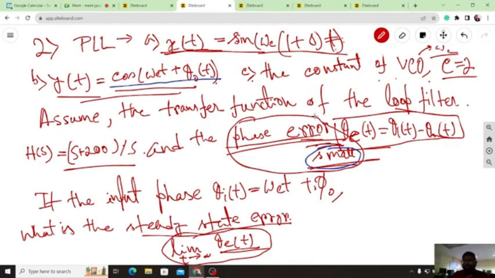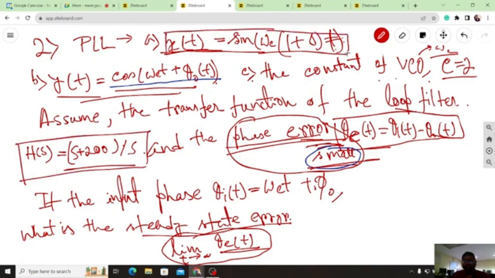Only the transfer function of the loop filter is changing in the PLL, and it is not 1 in this case. Instead it is s plus 200 by s. That is the only change except the input frequency. So we have to find out the steady state error once again.